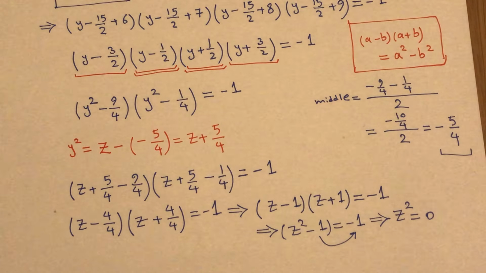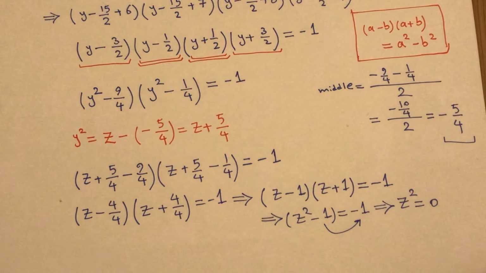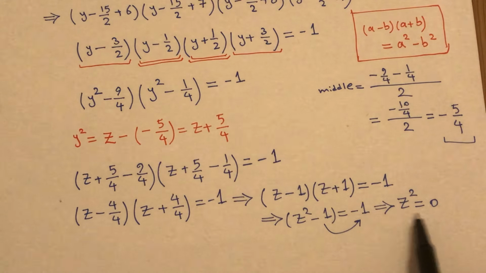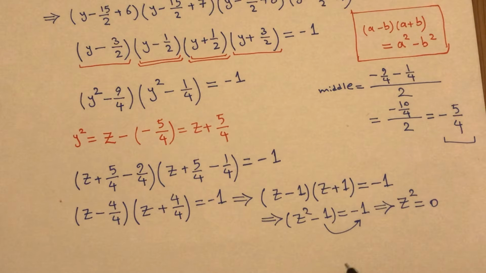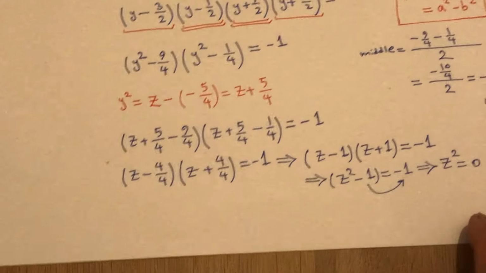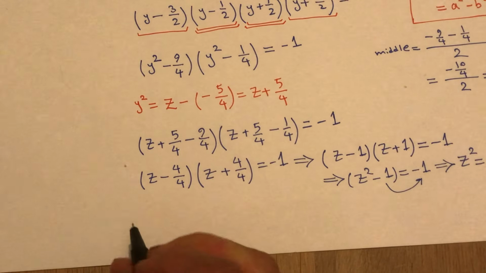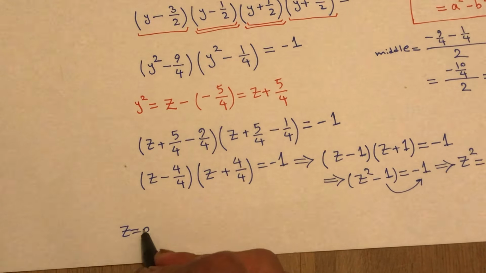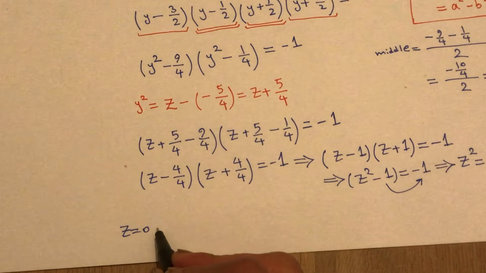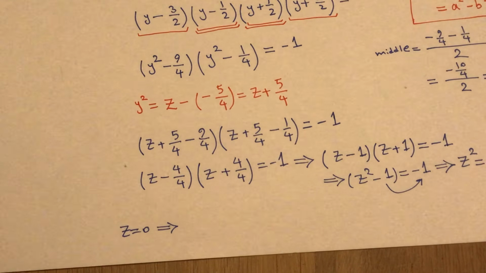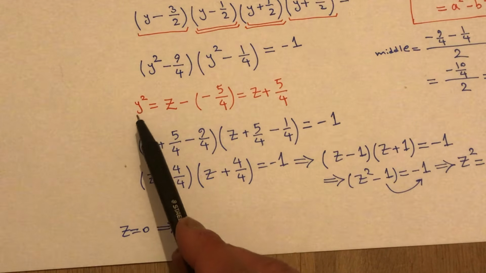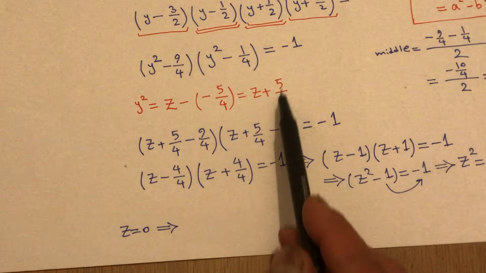So you find the value of the newest parameter. Z squared is 0, so z is 0.